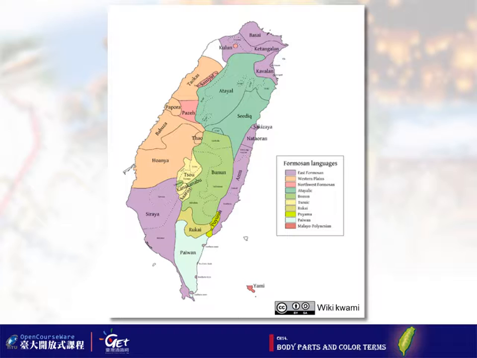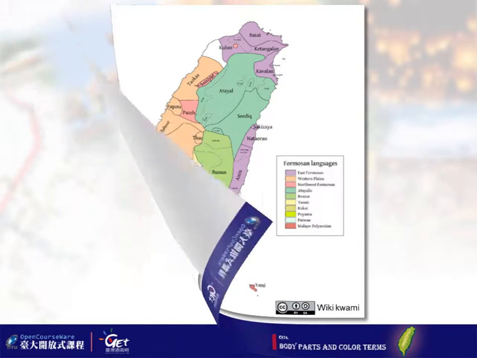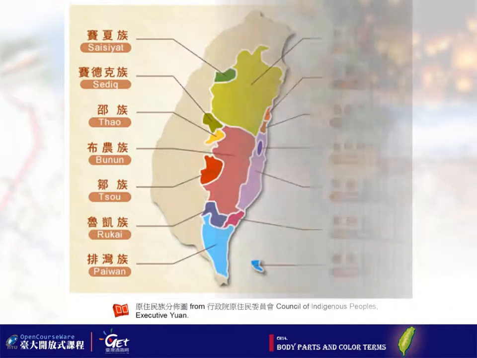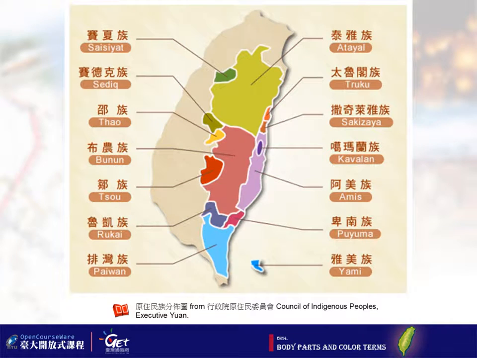And then this is one map showing where you can find different languages here. And then another one, this might be easier to see. You can see that now the government recognizes there are 14 different groups. I saw your multiple choice, so I know that you probably are aware of all the languages.